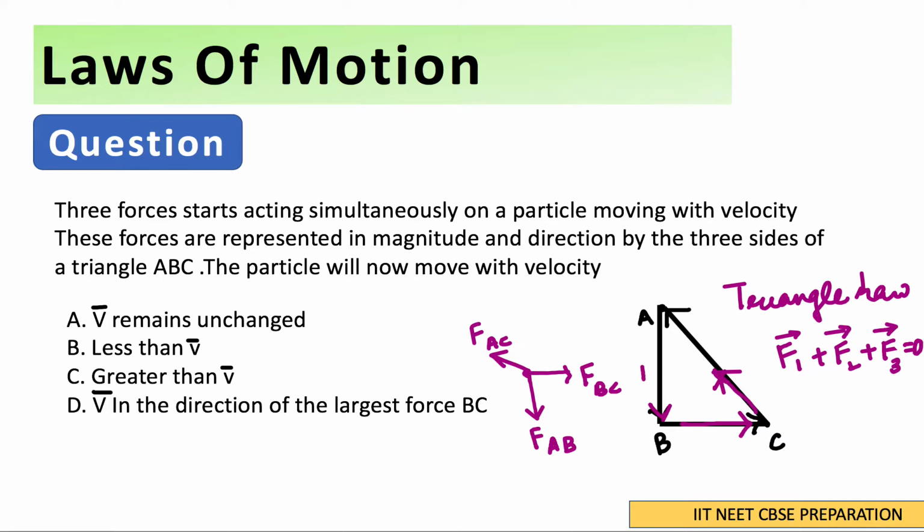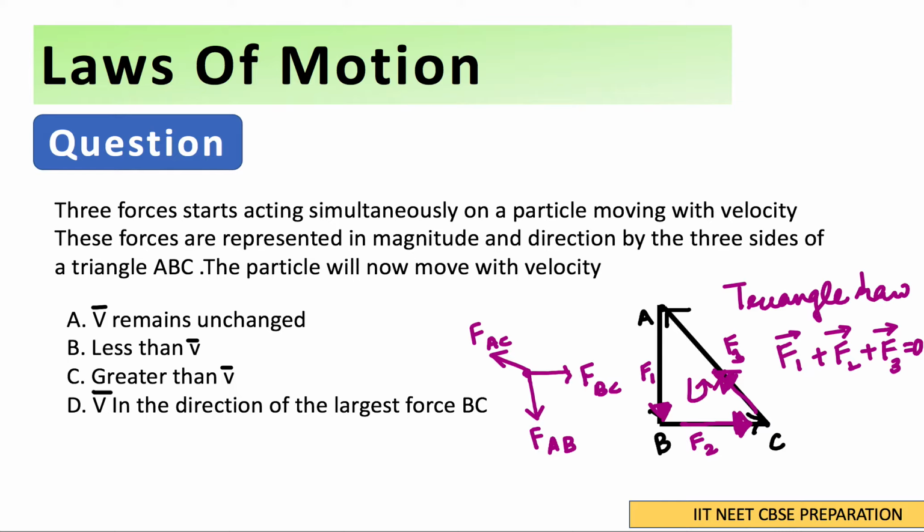So if this is F1 and this is F2, and you see all these forces, they are in the same direction. So this is F1, then this is your F2 and this is your F3. We can directly apply the triangle law here, because all three are in the same direction.